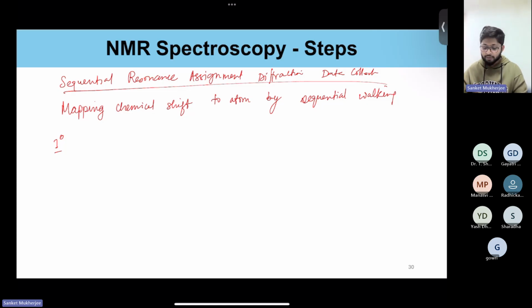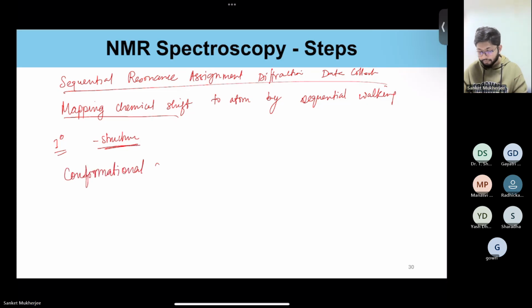Based on that, there are computational programs which will give you the structure from these data sets. Then we need to collect the conformational constraints. What do these mean? Conformational constraints are basically geometric information from NMR data.